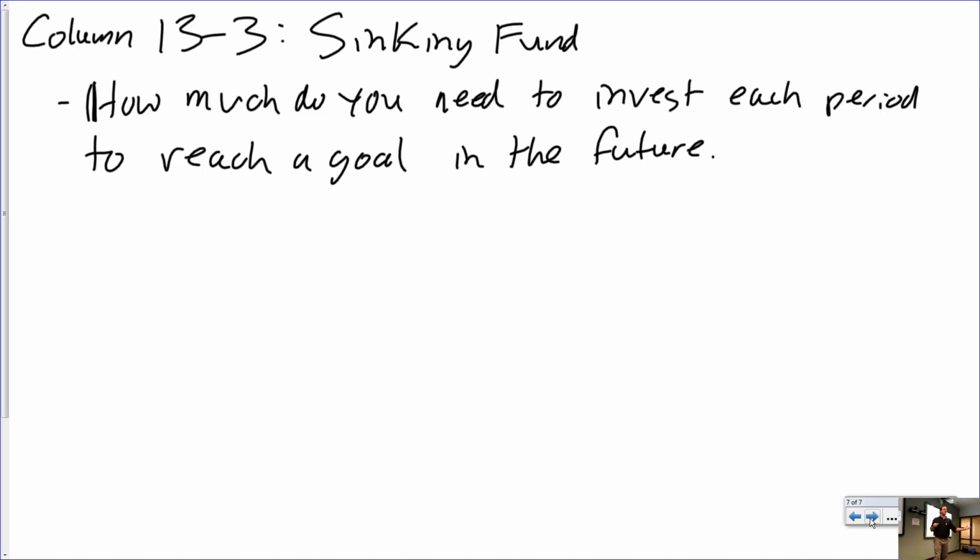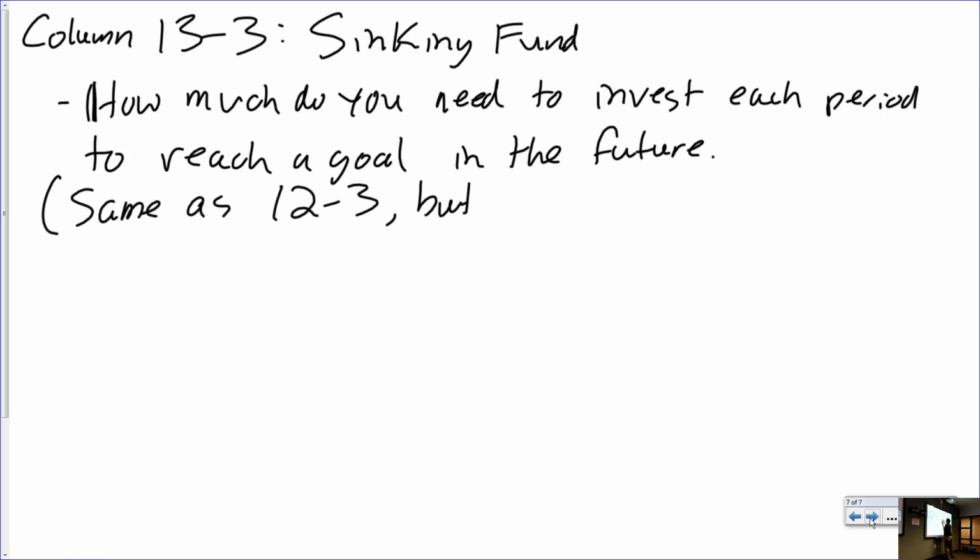Folks, this is actually exactly what 12-3 was back in Chapter 12. Back in Chapter 12 when we did the 12-3 column and we figured out how to walk backwards, right? This is the exact same column, except now instead of investing once, we're investing every period. Same as 12-3, but invest each period.